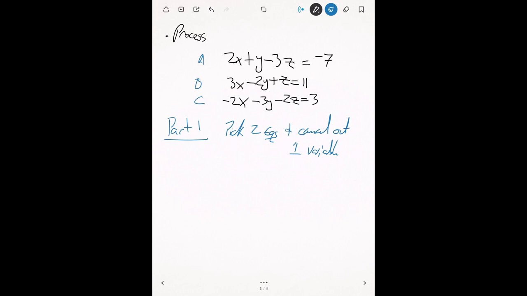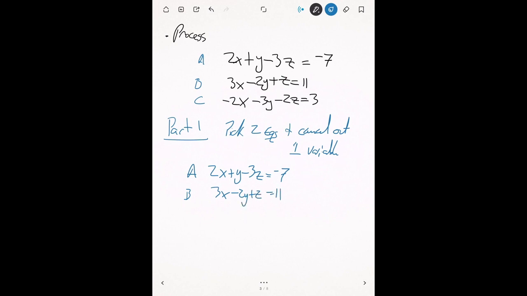It does not matter which 2 equations I pick or what variable I pick to cancel out. I'm looking at this, maybe A and B. I'll pick equation A, which is 2x plus y minus 3z equals -7, and I'll pick equation B, 3x minus 2y plus z equals 11.